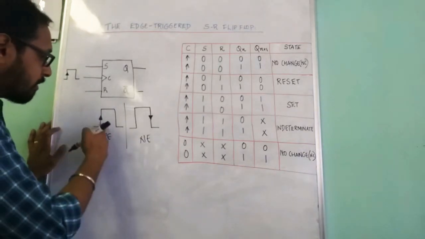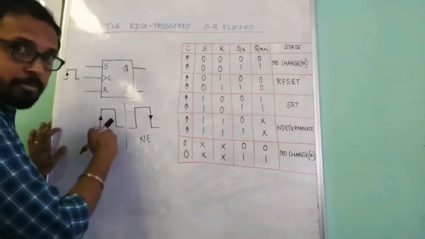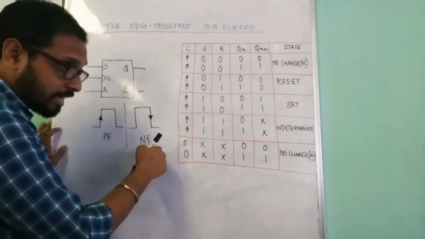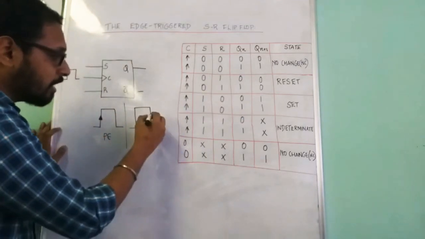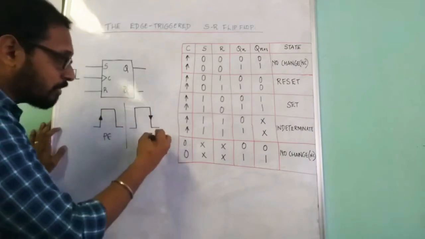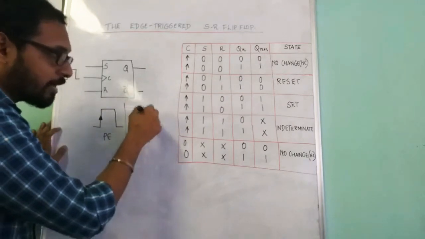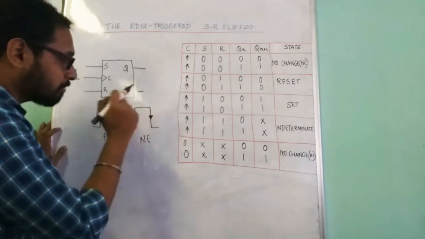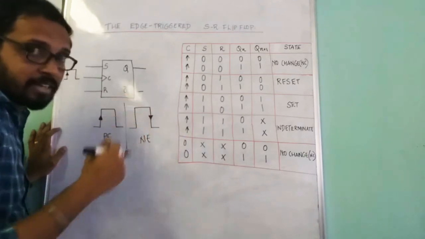Here in the rising edge we have to give the arrow pointing upward. In the case of negative edge triggering, we have to give an arrow pointing downward, in order to show that it's negative edge triggering.